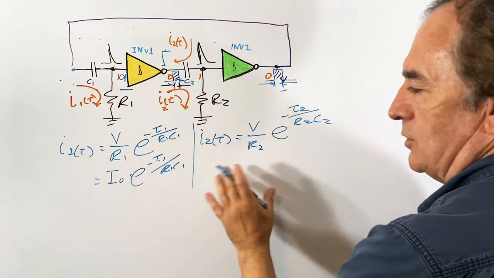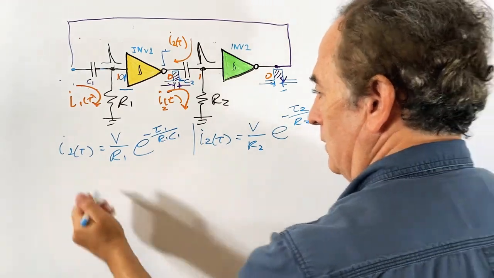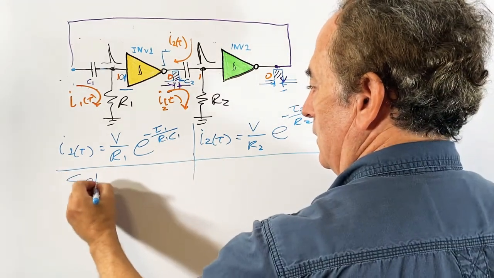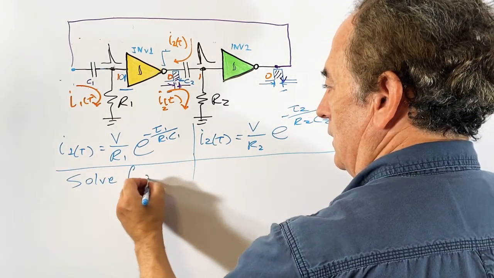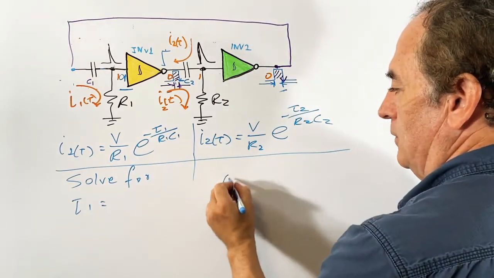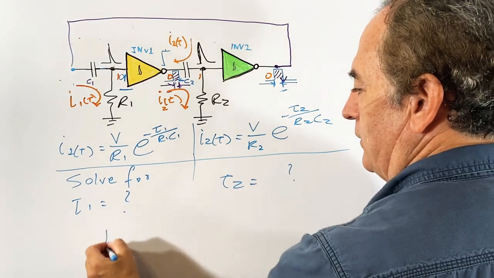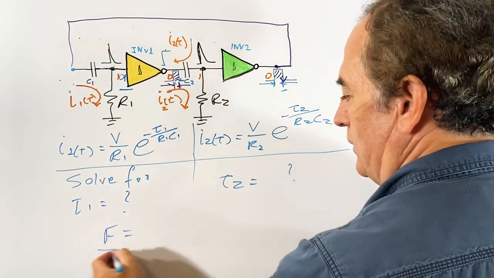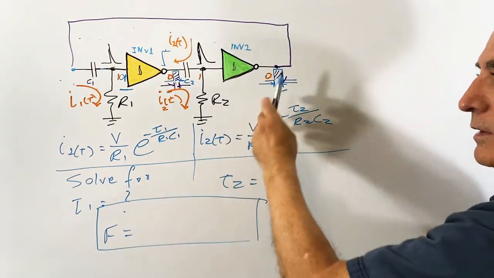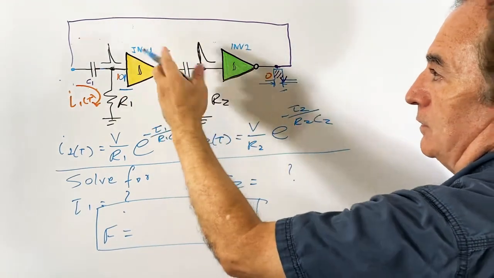So once you have both formulas, solve for T1, solve for T2, and find the frequency formula, okay, when they are in feedback. So this is your homework.